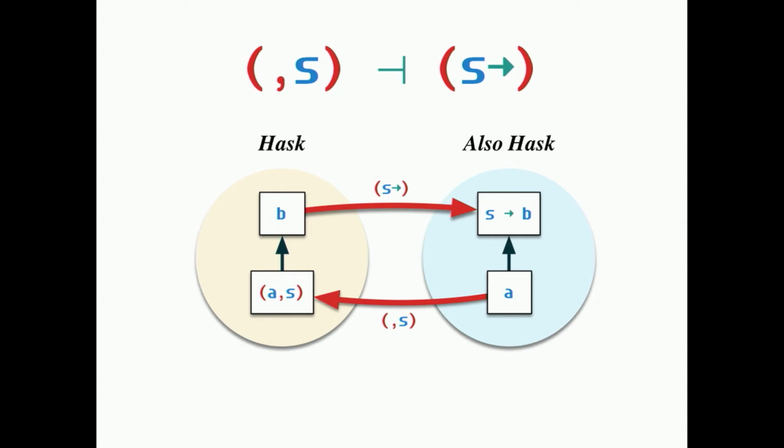In our example with the curried and uncurried functions, it's the isomorphism between curried and uncurried functions. Both of the categories here are Haskell, the category of Haskell types and Haskell functions. The two functors involved are pair with s and function from s, and we say that pair with s is left adjoint to function from s.